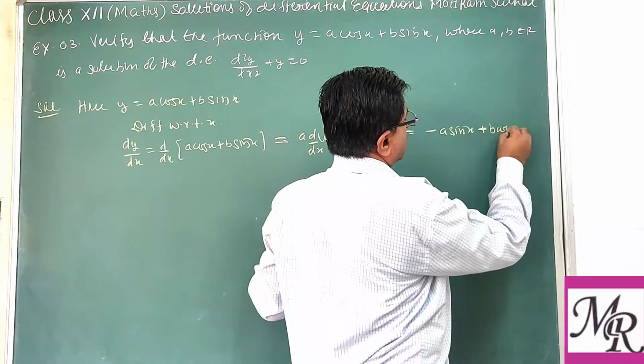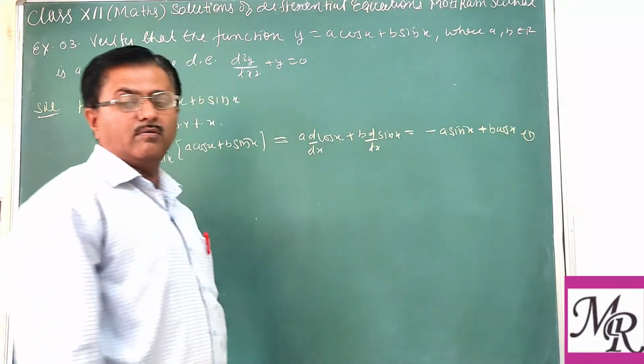So b cos x. So this is equation number 1.